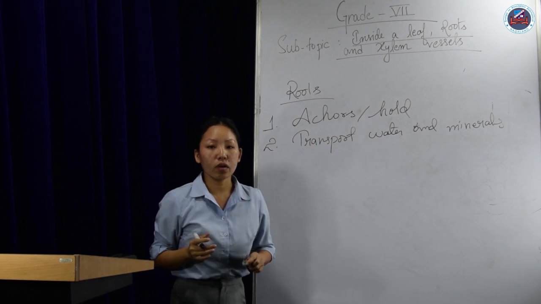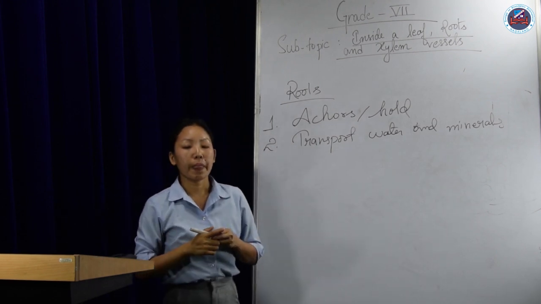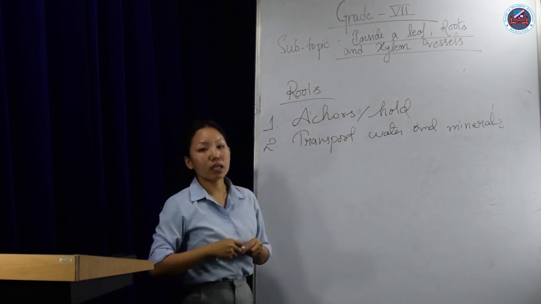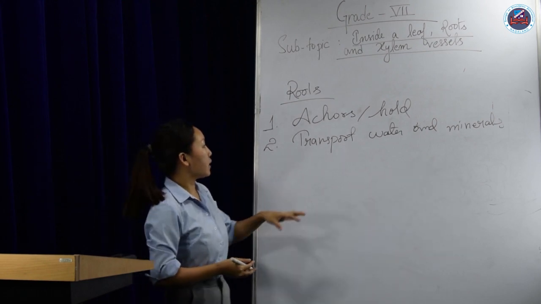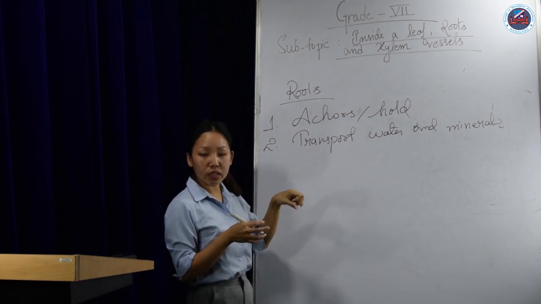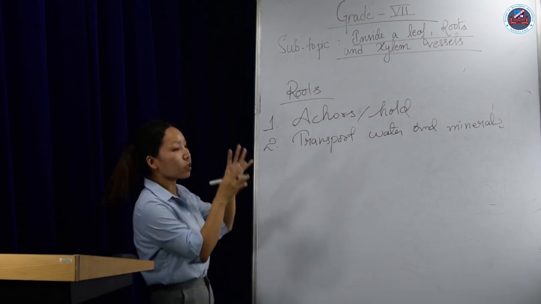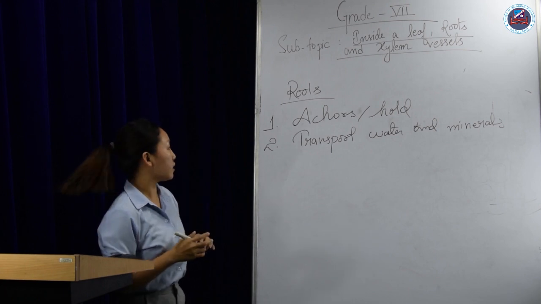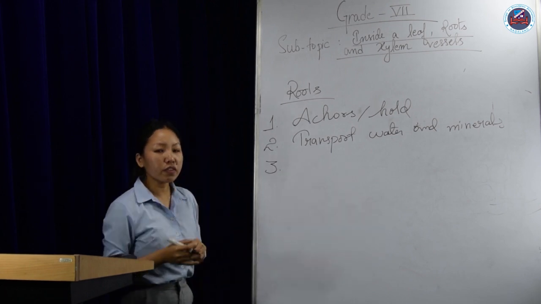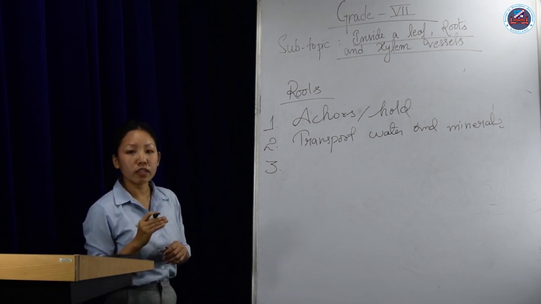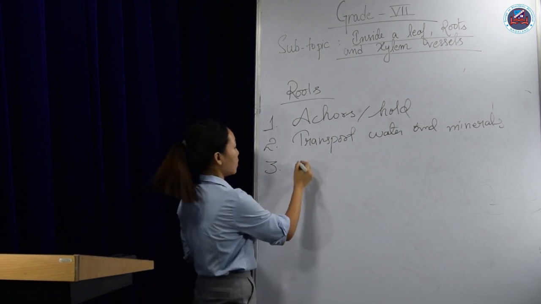The root hair zone of a root can pass through the interspace of the soil. In that way, they absorb water and minerals and then transfer to different parts of the plant. And the last one, we can say that some of the plants store their food in their roots.